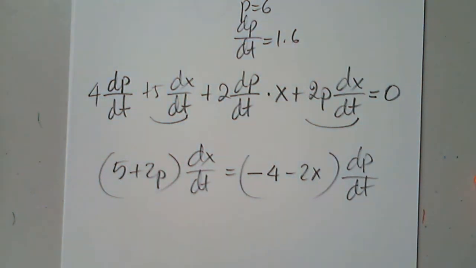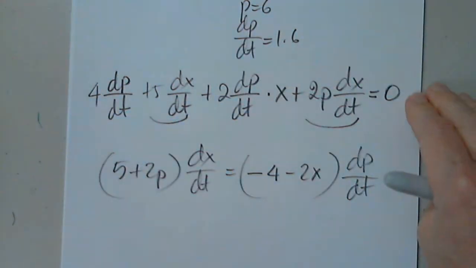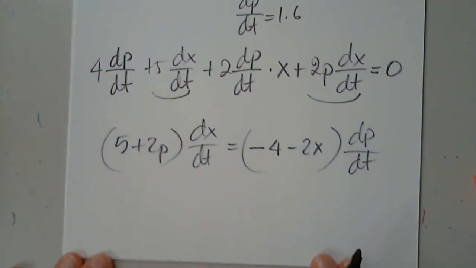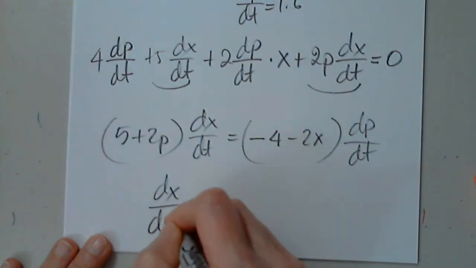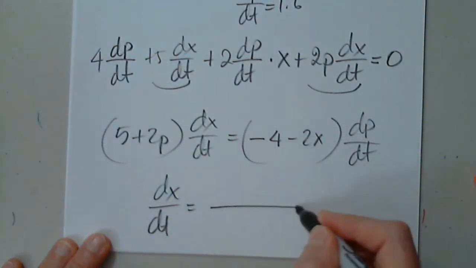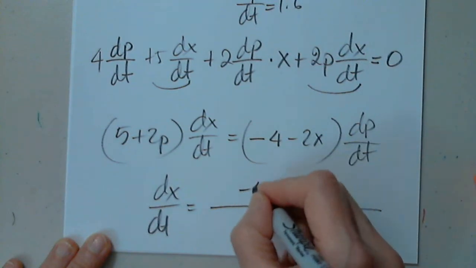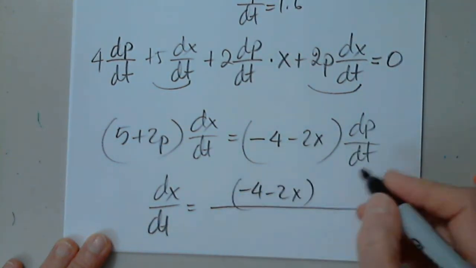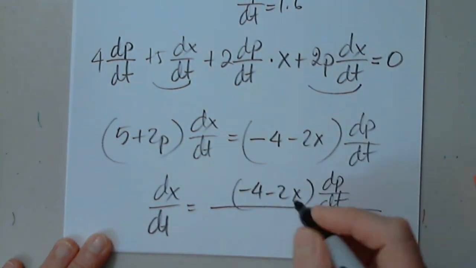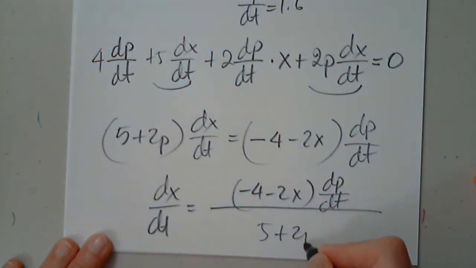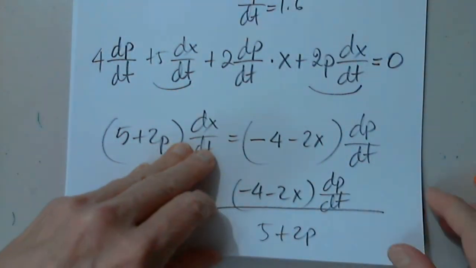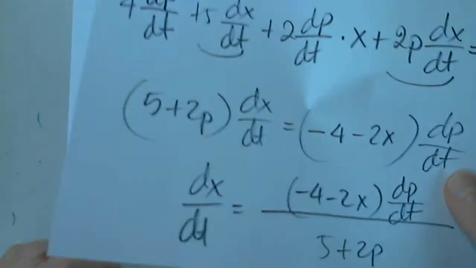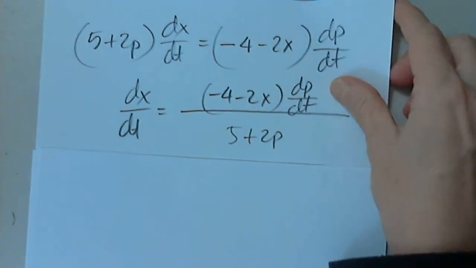They are positive here and moving to the other side, so I have to change the sign. Finally, dx over dt equals all this over this. Now all we have to do is plug in those given numbers, and that's it.